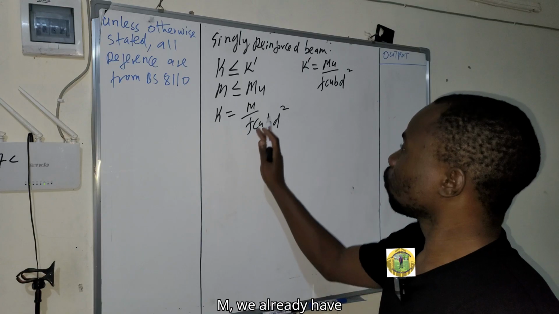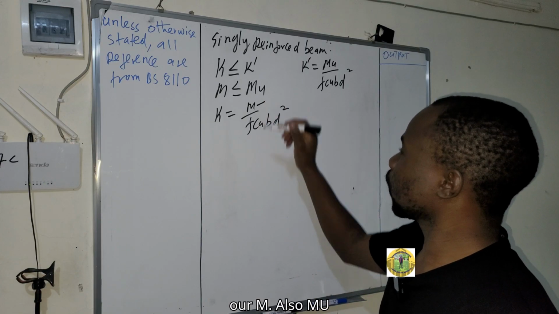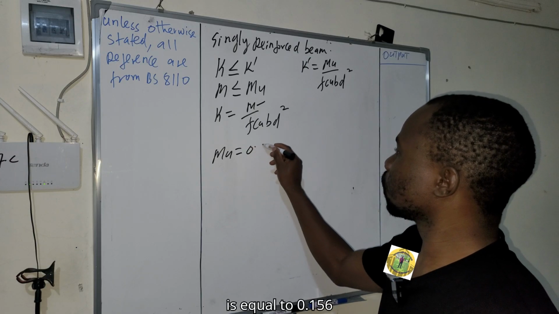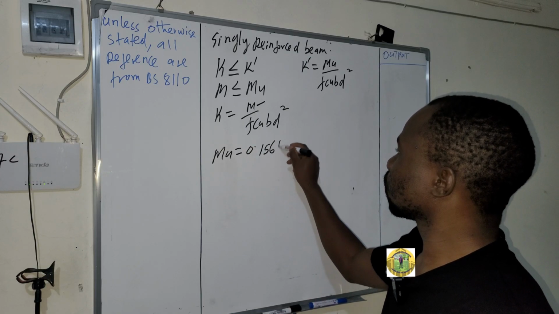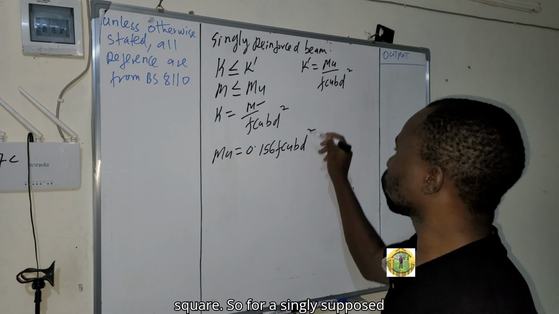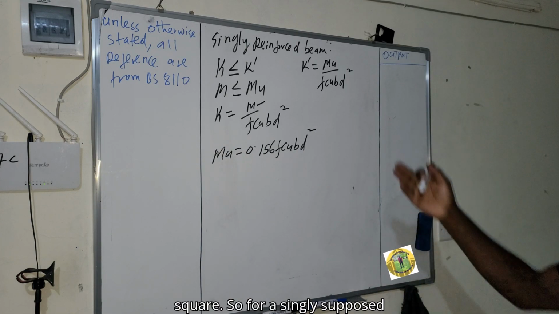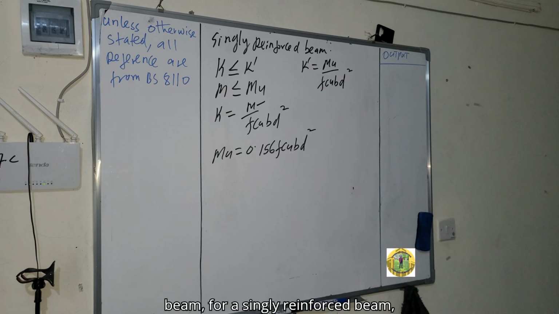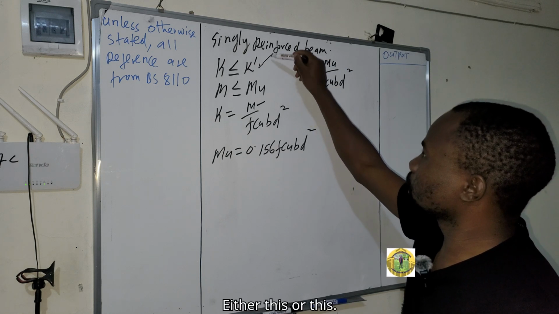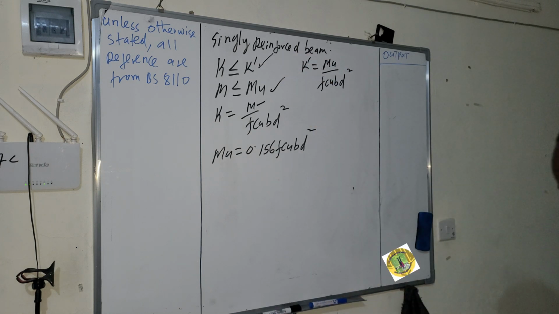Also, M, we already have our M. Also, Mu is equal to 0.156 fcu bd squared. So for a singly reinforced beam, it has to meet these two criteria, either this or this.